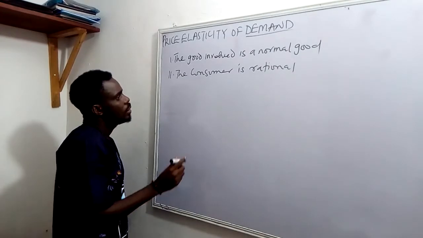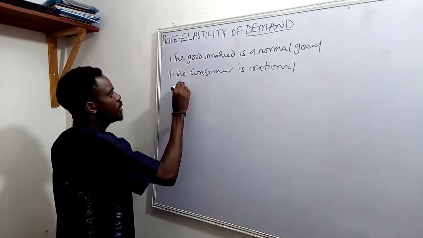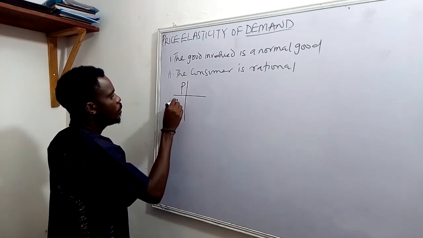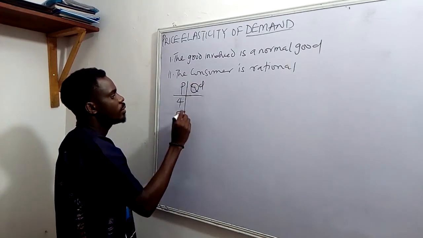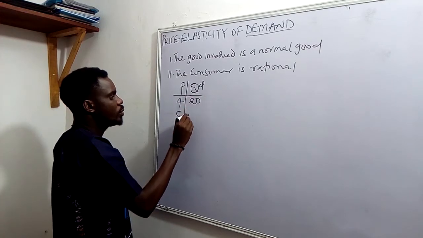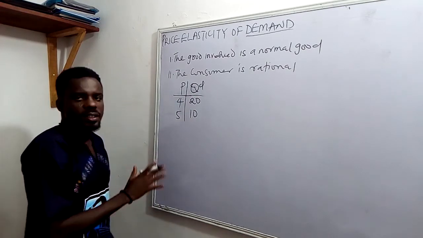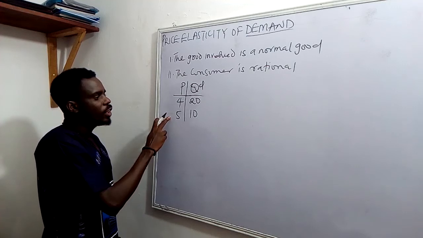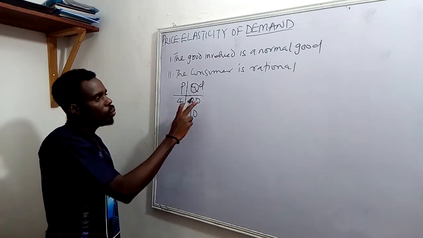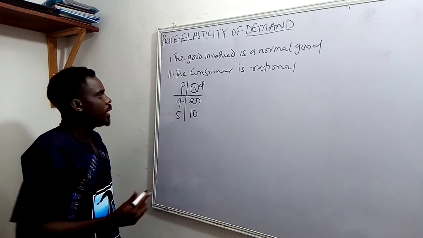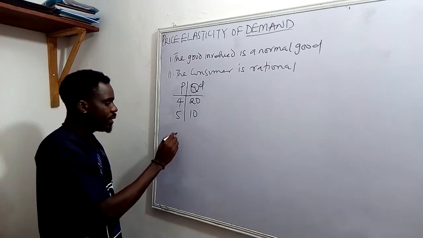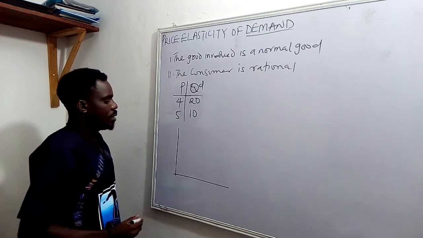For instance, if a commodity price increases from 4 to 5, in response, quantity demanded drops from 20 to 10. It is clear that as a result of the increase in price, quantity demanded drops from 20 to 10. In that case, we can present our demand curve as follows.